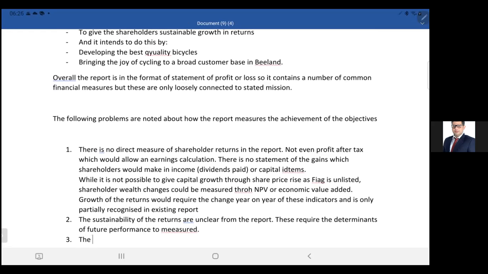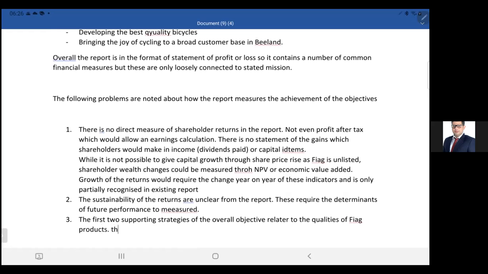The first two supporting strategies of the overall objective relate to the qualities of PIAG products. The report does not measure these individually.